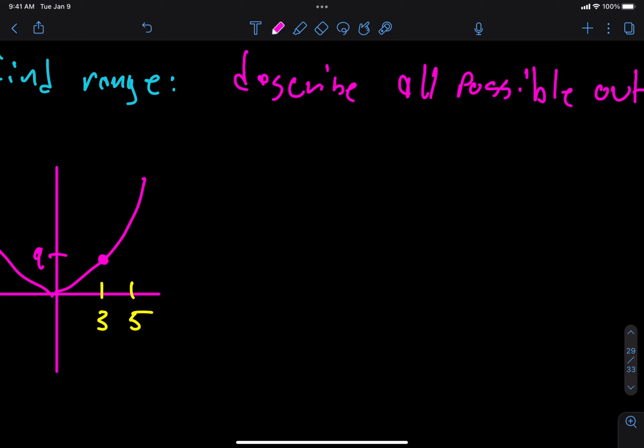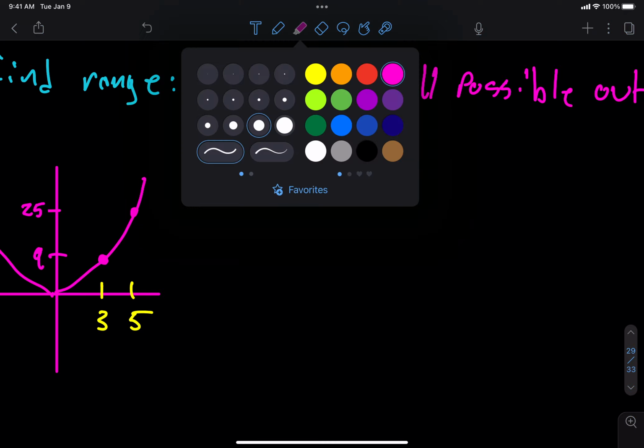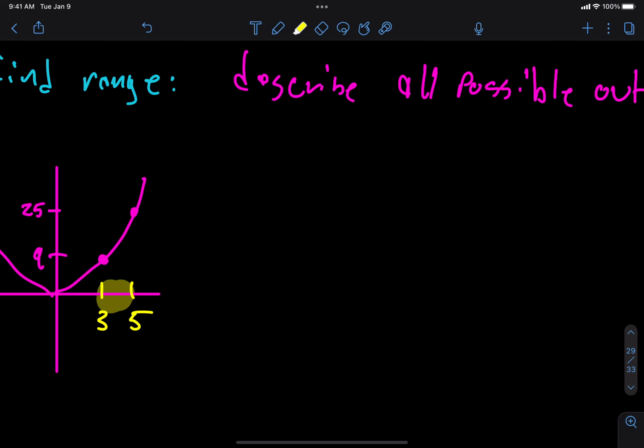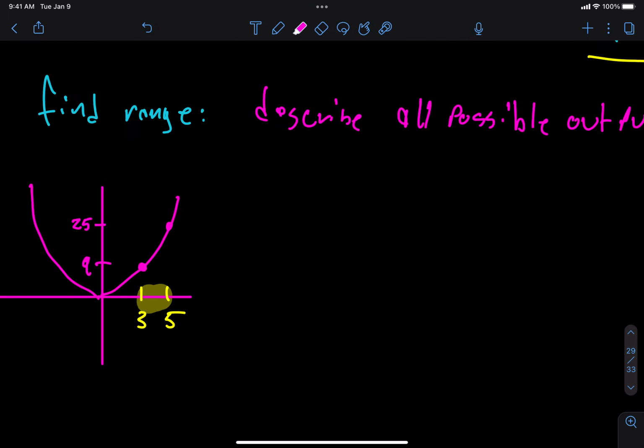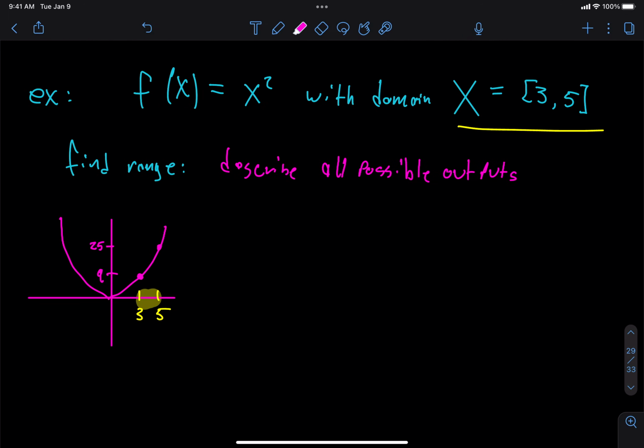That's what I get when I plug in 3. And what do I get when I plug in 5? 25, right? So the domain is 3 to 5, and the range is going to be all of the possible outputs which I could get if I plugged in a number between 3 and 5, which is going to be one of the numbers between 9 and 25.